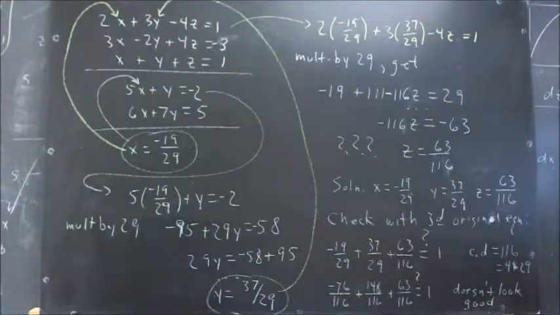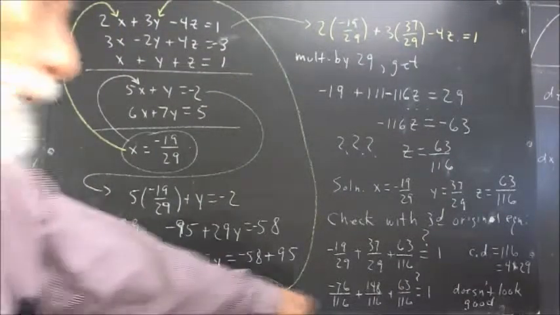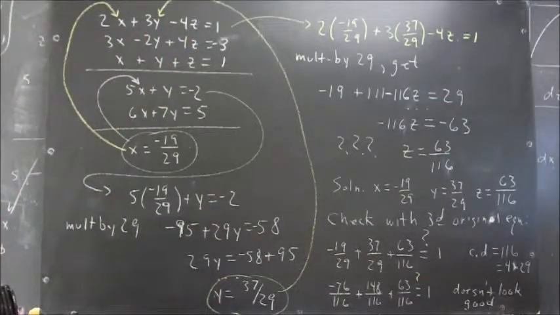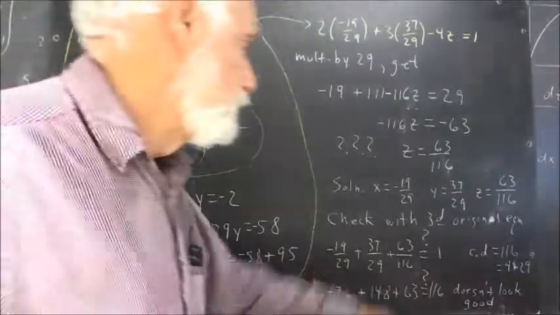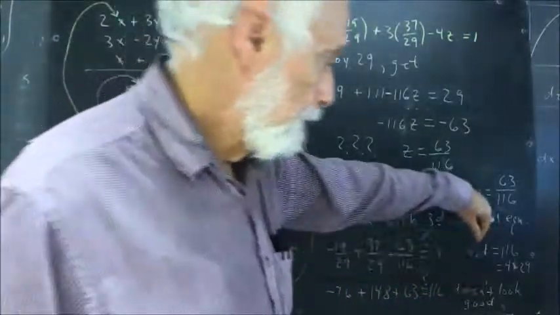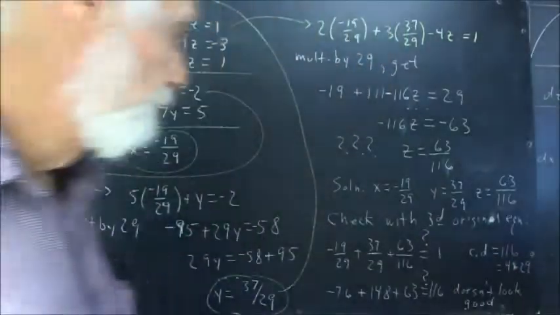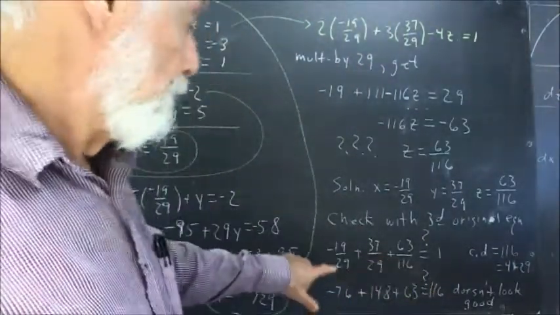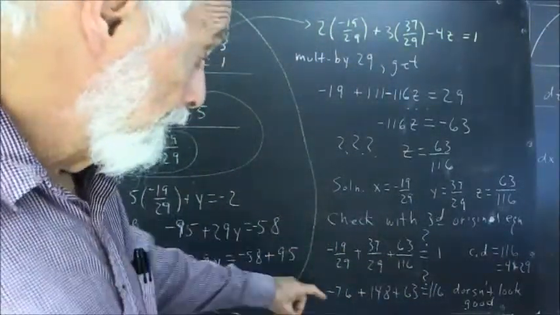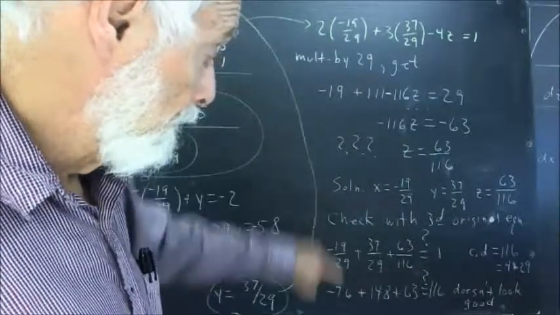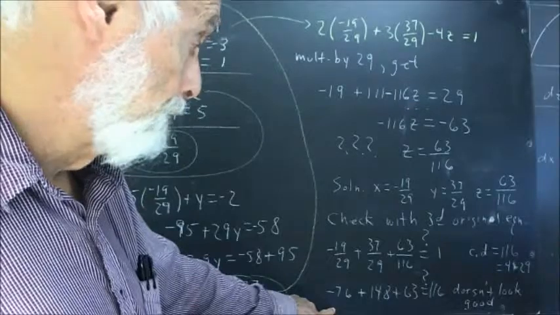actually, let me modify what I've got here because I didn't do exactly what I said I was going to do. There's nothing invalid about this. It's not going to look good when I do it right either. Okay, made a quick correction, did what I said I was doing. Multiplying through by 116, which is 4 times 29. If we multiply this by 116, we're going to have 116 over 29, which is 4, and 4 times negative 19 is negative 76.